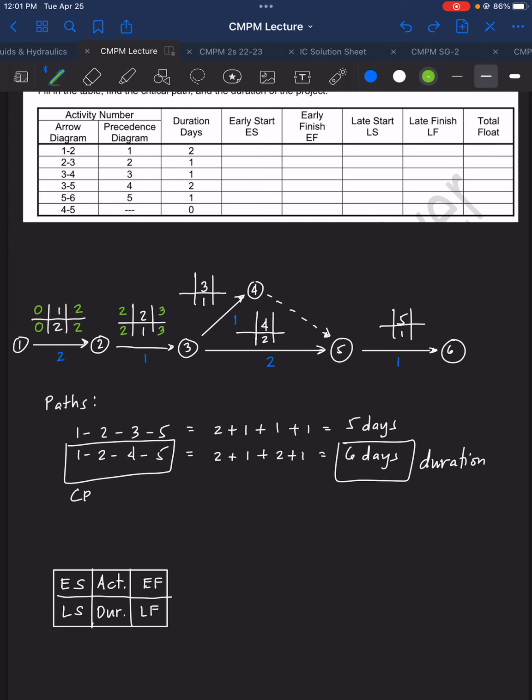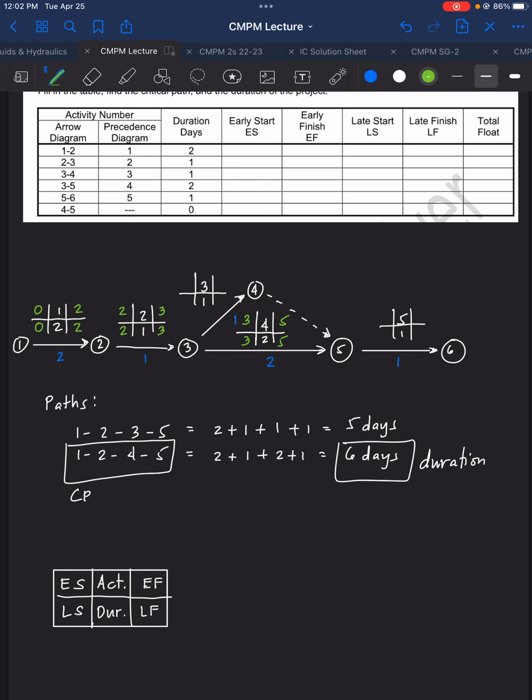So that will be 2 plus 1, which is 3. The duration of activity 4 is 2 days, so 3 plus 2 equals 5 days for the early finish. The late start is similar to the early start, because you need to finish 1 and 2 first, so 3 plus 2 would be 5.